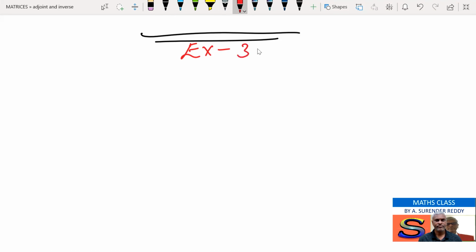Exercise 3E, Roman 1, the first question, second bit.